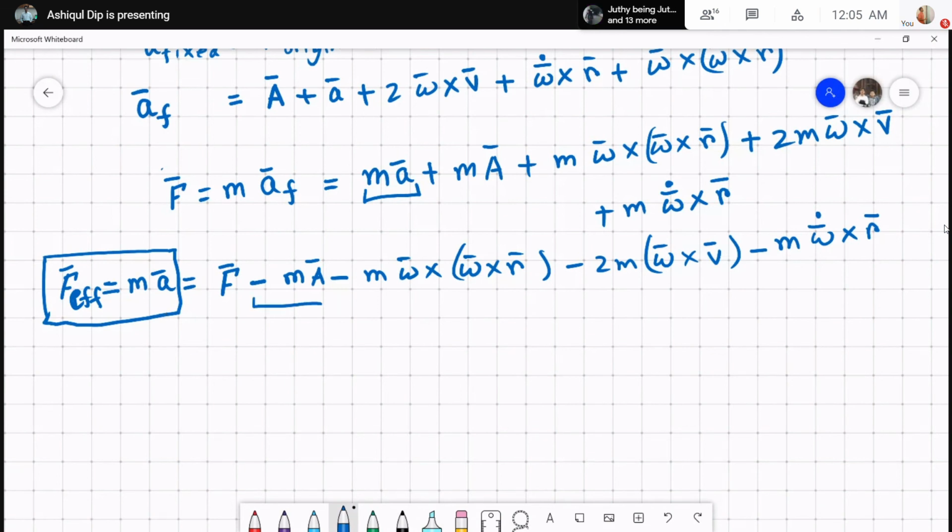So they have names. This is inertial force. Do you know what this is? Inertial force has a definition: F inertial is negative ma.